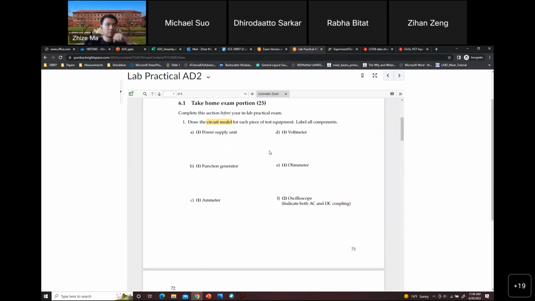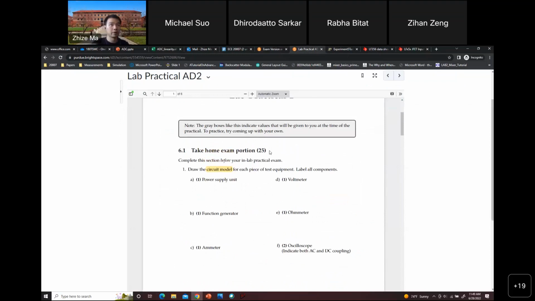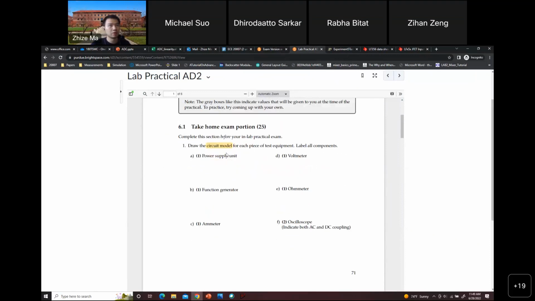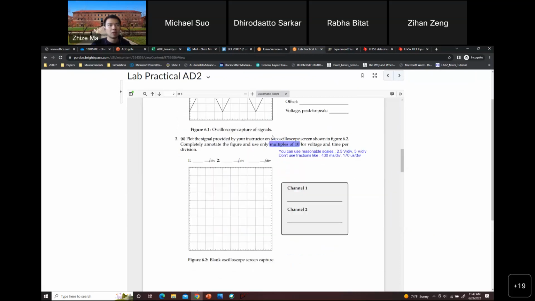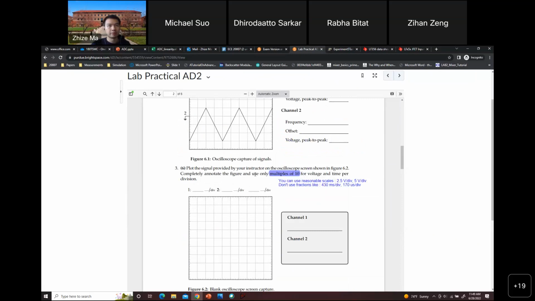All right, let's go through the tasks really quick. For task 1, you're going to draw the circuit model. Make sure you understand that it is draw the circuit model, not the circuit symbol. In this question, it's asking you to use only multiples of 10.